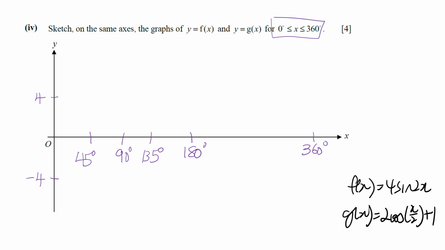Alright, when x is 0, you substitute x to be 0. So 4 times sine 0 gives you 0. So this is your first point. When you substitute x to be 45, 4 times sine 90 gives you your maximum value 4. When x is 90, sine 180 is 0, 0 times 4 is 0.